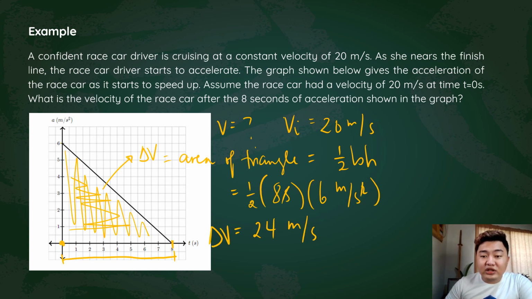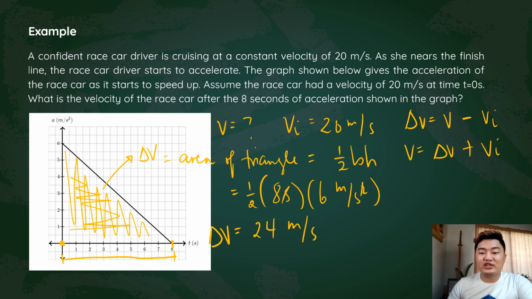Now remember that change in velocity is equal to v minus vi. To solve for v, then v will be equal to change in velocity plus the initial velocity.